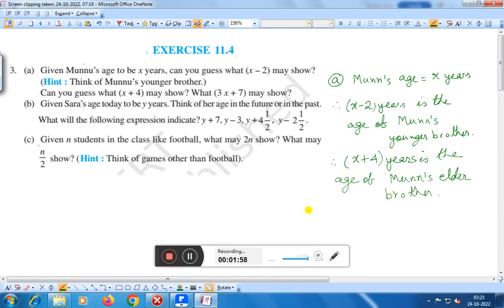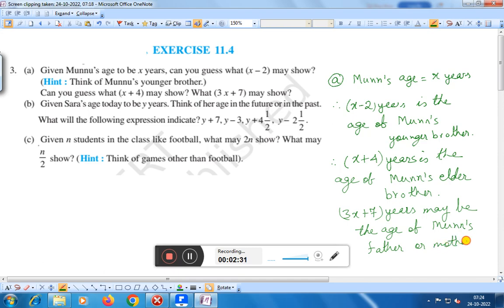And what may 3x plus 7 show? 3x plus 7 years may be the age of Manu's father or mother.